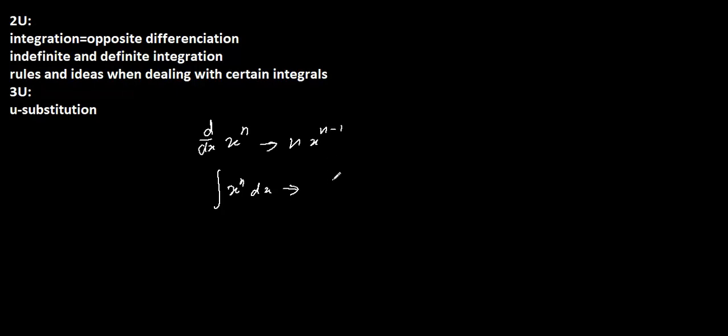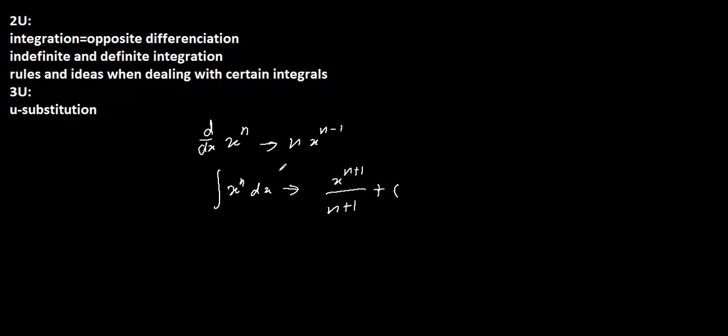So then I get x to the n plus 1 all over n plus 1. Along with it being in the opposite order, you do the opposite thing overall. Kind of makes sense? And then because it's an indefinite integral, you have to add a constant.